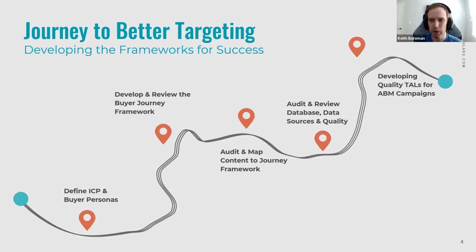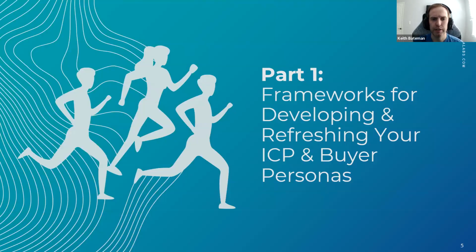Do we have all the data we need to really run effective campaigns? And if we don't, where can we find the right data? And then finally, developing those quality target account lists to run effective ABM campaigns. So we'll make all these stops, and by the end, hopefully you've come out with a little bit more knowledge than when you started. So part one, frameworks for developing and refreshing your ICP and buyer personas.